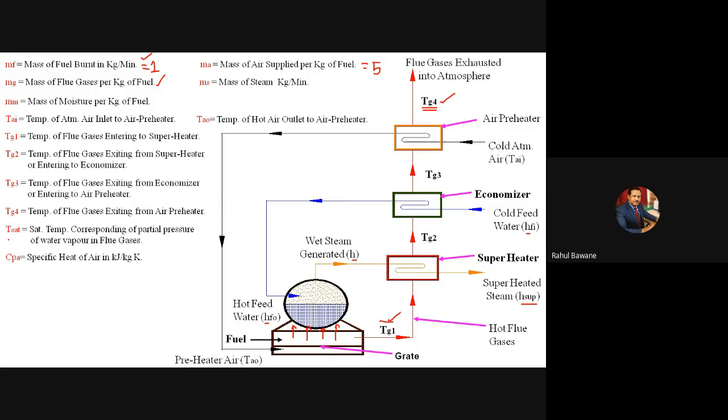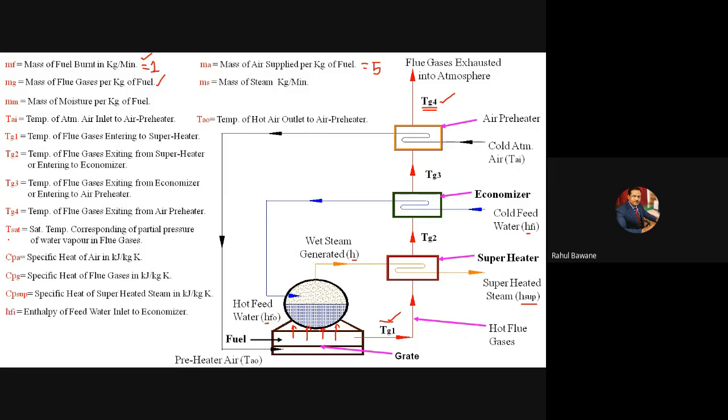CP of air, specific heat of air, basic unit kilojoule per kg Kelvin. CP of gas, that is exhaust gases, kilojoule per kg Kelvin. Most of the time CP of exhaust gases and CP of air are given in your numerical. CP super, that is CP sup, is the specific heat of superheated steam.